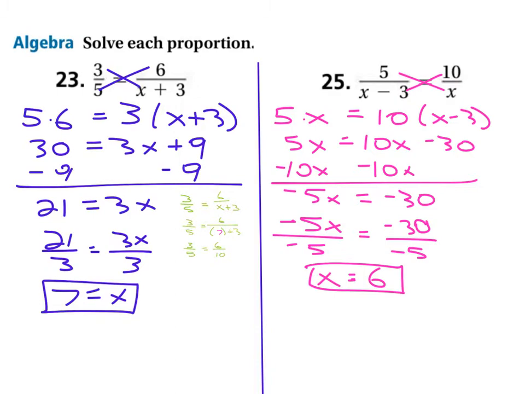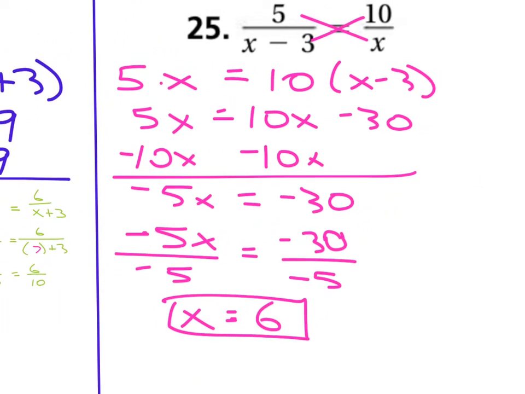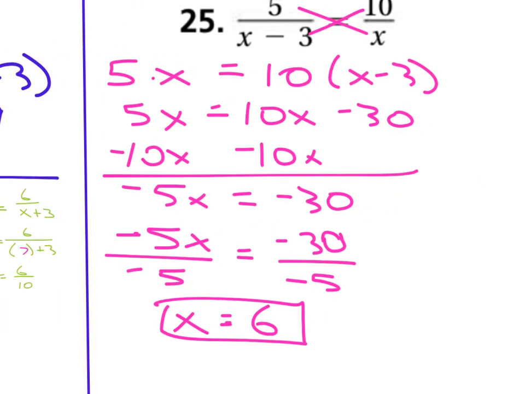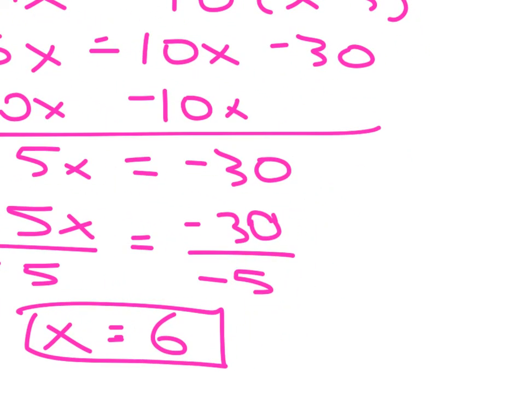Let's verify that answer as well. Zooming in here and writing 5 over x minus 3 equals 10 over x.